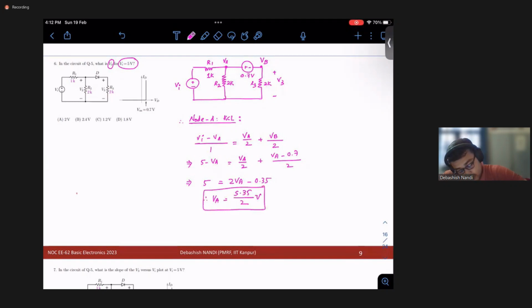So what would be my V3 or VB is nothing but 5.35 by 2 minus 0.7 volt.